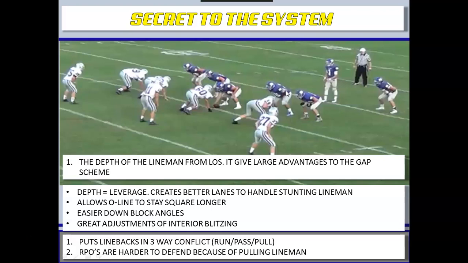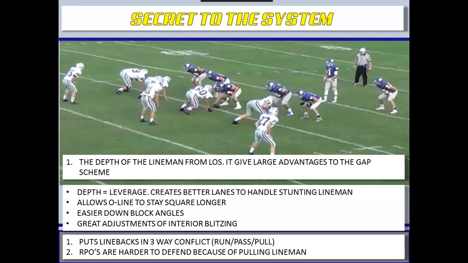Again, nothing nobody knows. What the depth allows us to do is gain a large advantage from the gap scheme. We know that the number one thing people try to do against a gap scheme is create penetration. Now, you would think the first thing you'd do is go to wide line splits because it's easier to penetrate.